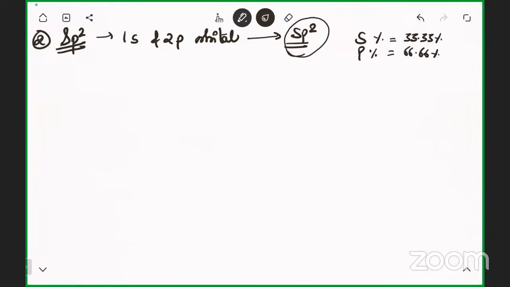So just divide 100 by 3. If you divide it, it will be 33.33. So one S is there, so we give S as 33.33. The rest, if you subtract it from 100, remains as 66.66. So this is a simple criterion: just count the number of orbitals in the hybrid orbital and divide 100 by that number.